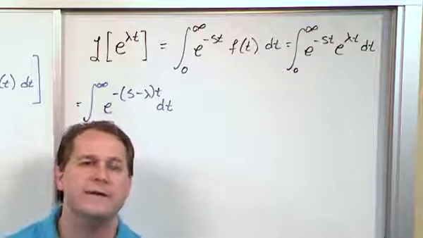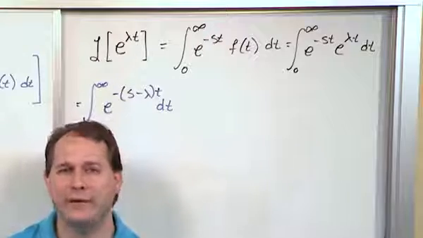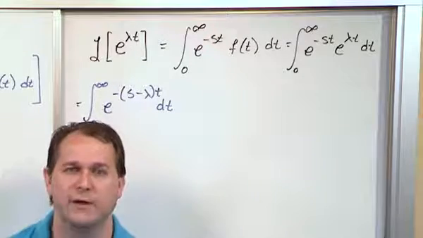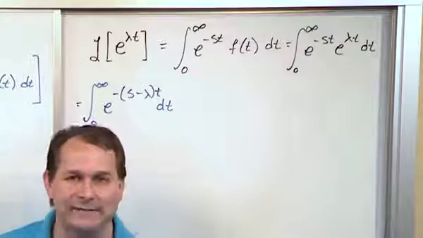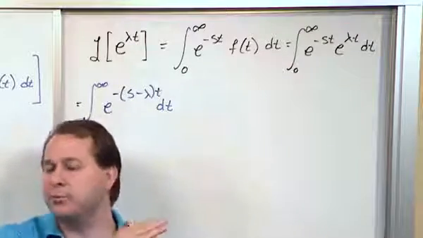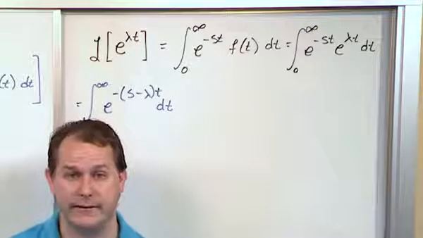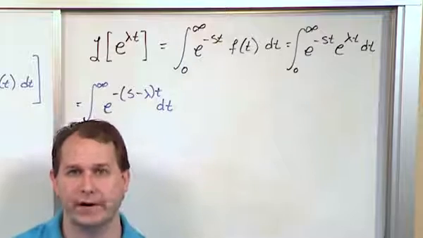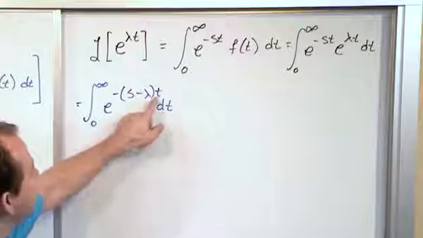Anytime you take derivatives or integrals, you have to look at what variable you're taking it with respect to. If I give you an expression, I say take the derivative with respect to x, if you're talking about derivatives, then you pretend everything else besides x is a constant in that function. That's how you take partial derivatives, right? Well, in integrals, it's the same thing. If we're integrating over time, then this is the variable we care about.